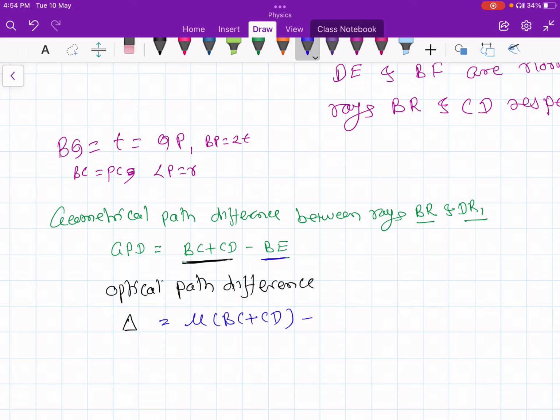Refractive index of air is 1, so this term is as it is, BC plus CD minus BE. And this is our equation 1.